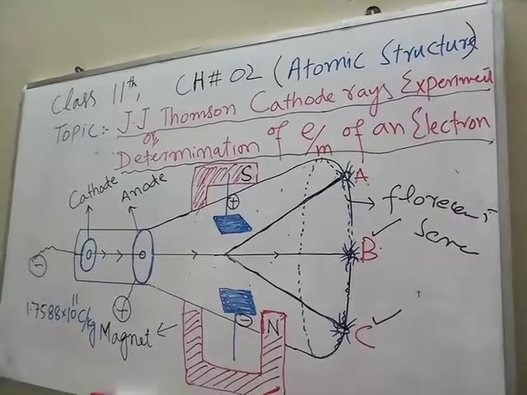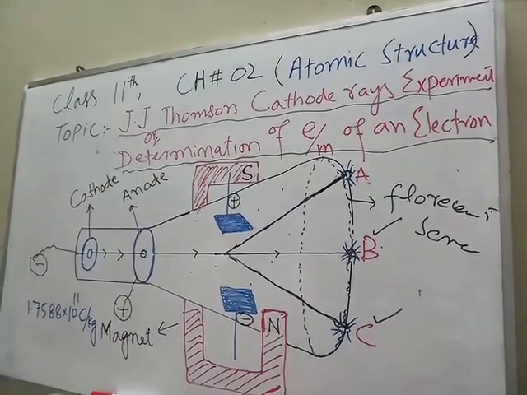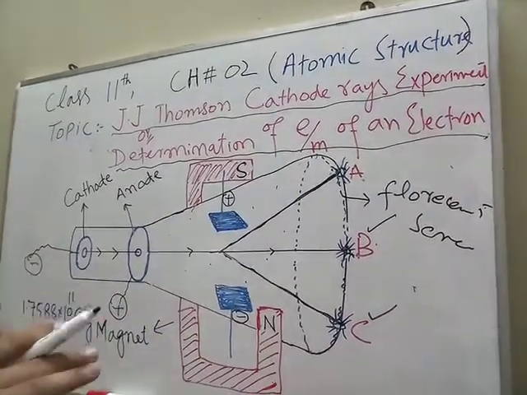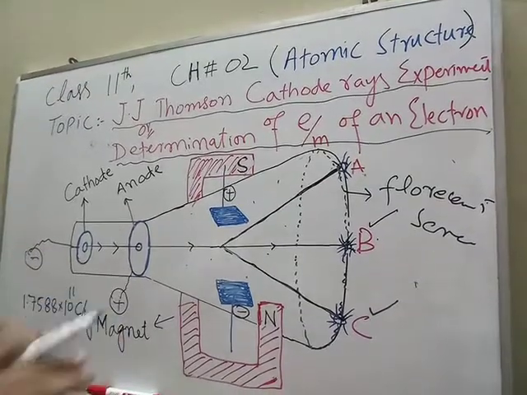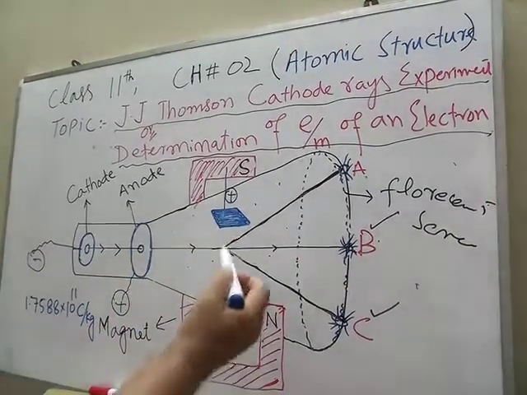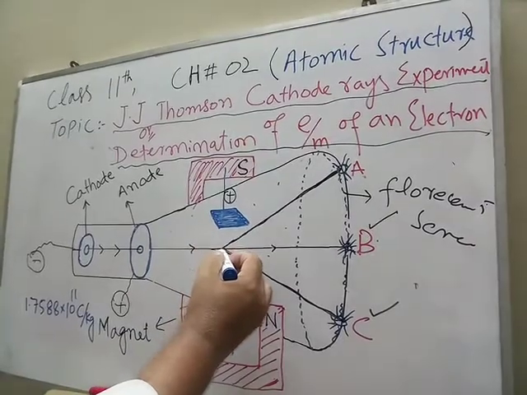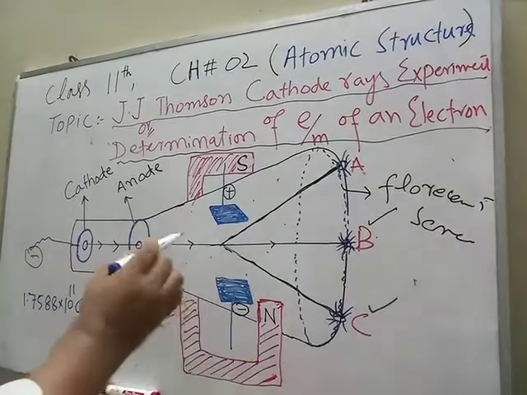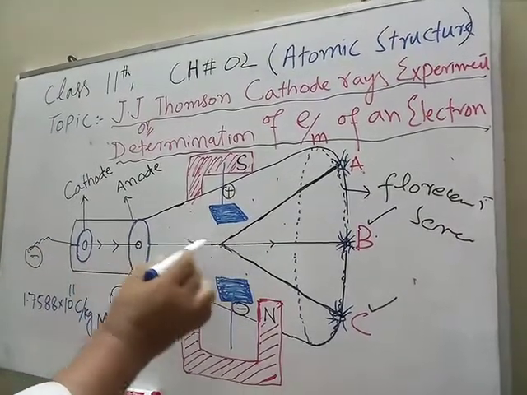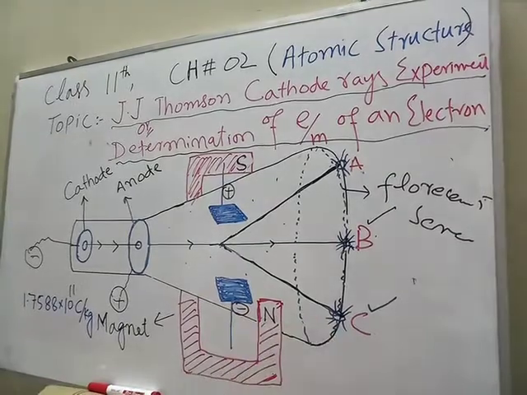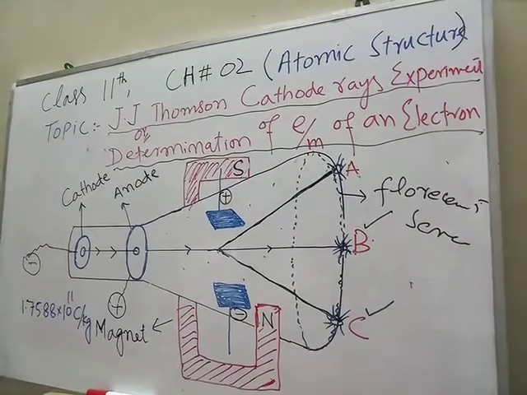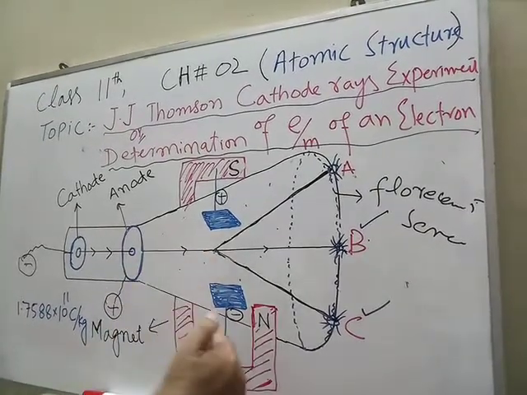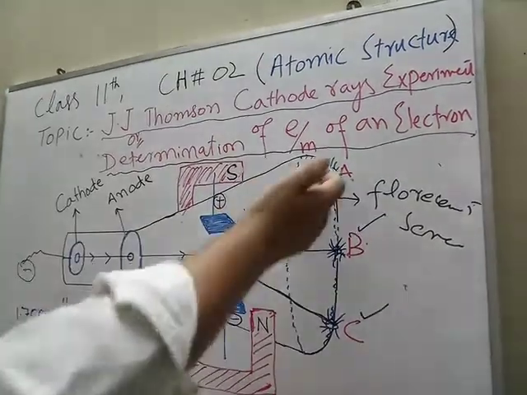Then J.J Thomson applied both the electric field and the magnetic field simultaneously, I mean at the same time. The electric field tries to bend the particles towards the point A, while the magnetic field tries to bend the cathode rays towards the point C. This magnetic field was rotatable, so he adjusted it in such a way that it counterbalanced the effect of the electric field.